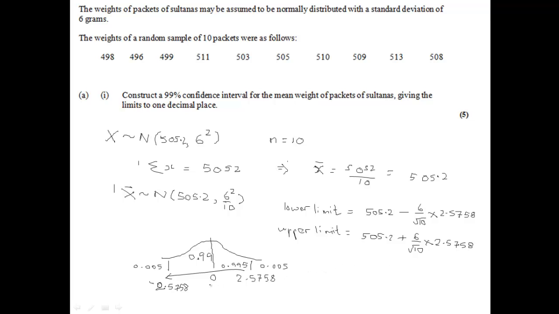And that gives us, instead of 0 here, the non-standardized version where we have our mean of 505.2 here. If we work these out, we get, for the lower limit, 500 point, and notice it says in the question to 1 decimal place. Well, we get 500.31, so we'll call it 500.3, and then for the upper one it rounds to 510.1.